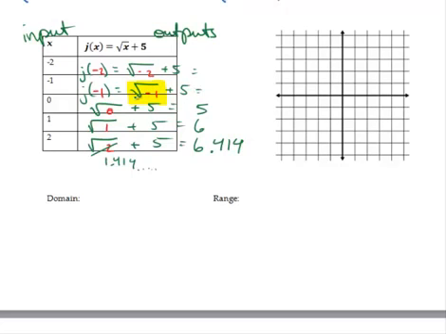So this is a not possible number, and you can't add 5 to a not possible. Like if I say 5 plus 3, you say, oh yes, 5 plus 3 is 8. But how do you say 5 plus not possible? So this answer is a not possible answer. Same thing for this one. It's a not possible. And if it's not possible, that means we're just not going to graph it. We're going to leave it empty.